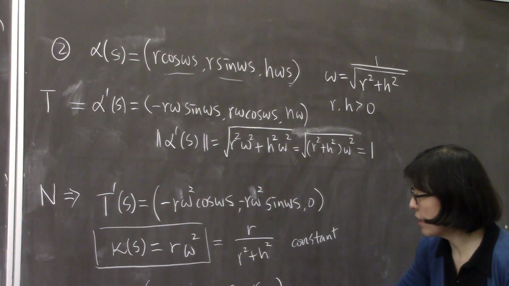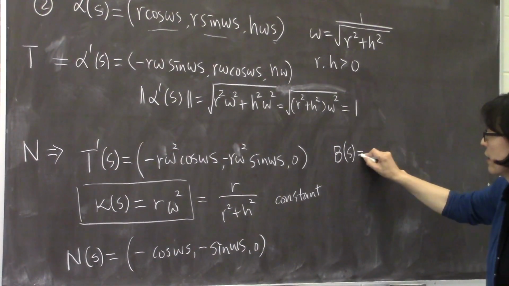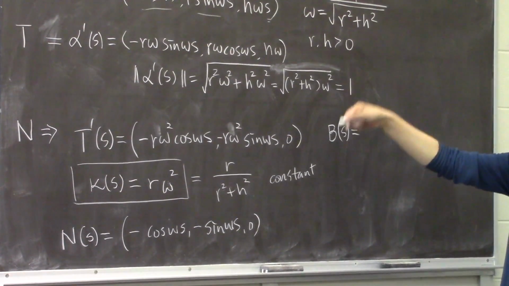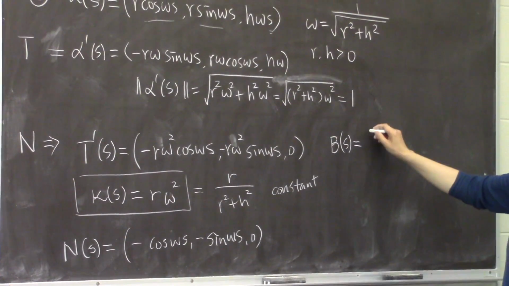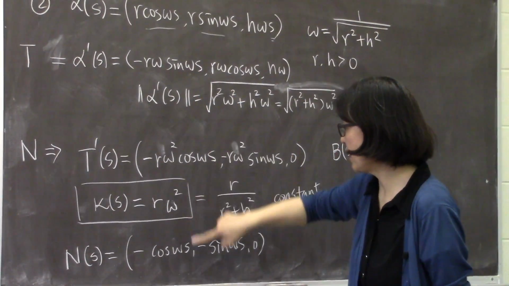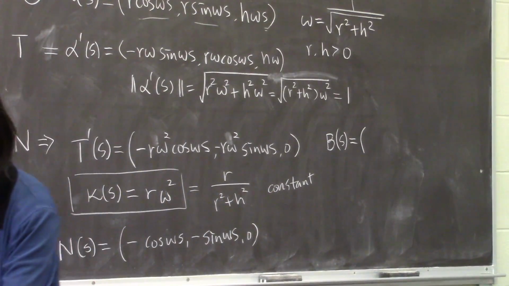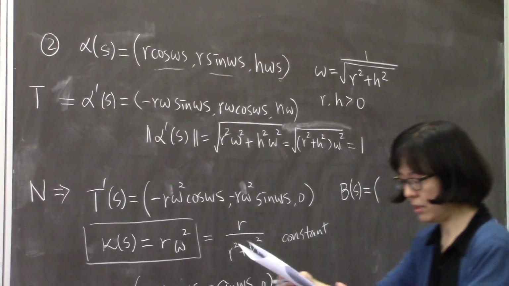Then this is N. Then what is B then? T cross N. Can you see? Can you take the cross product of T and N? Let me copy this here.